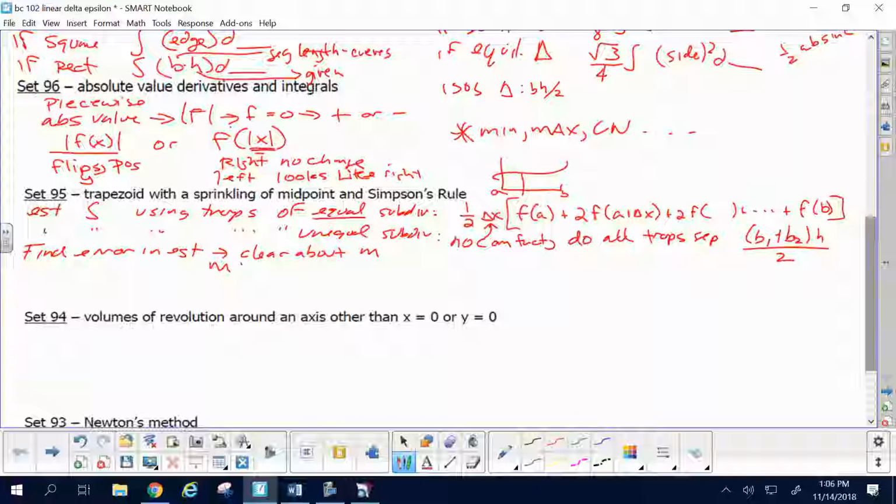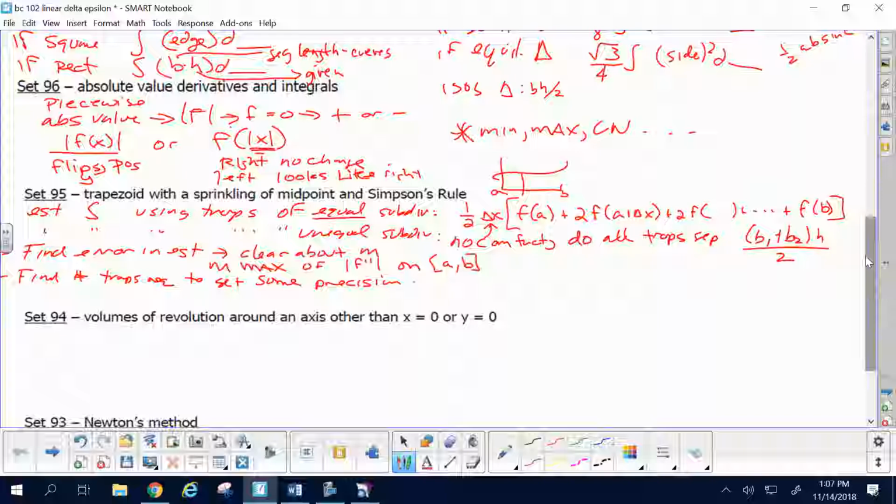M is the max concavity measure, or the max of the absolute value of f double prime on the interval, not forever, just on the interval you're working. You should be able to find the number of trapezoids required to get some given precision.